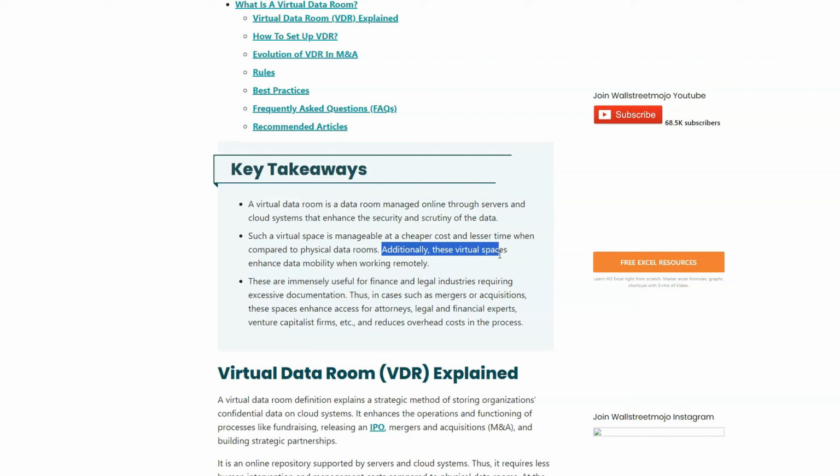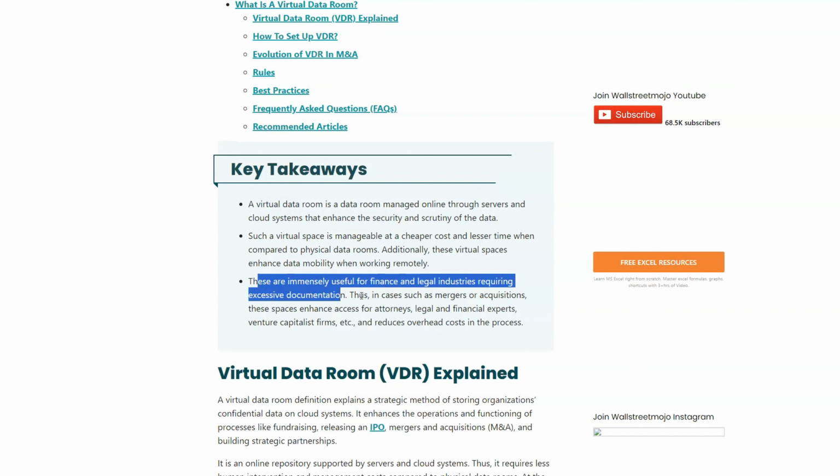Additionally, this virtual space enhances data mobility when working remotely. These are immensely useful for financial and legal business industries requiring exhaustive documentation.